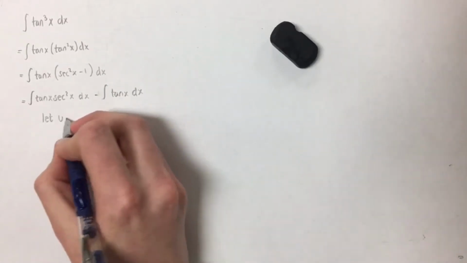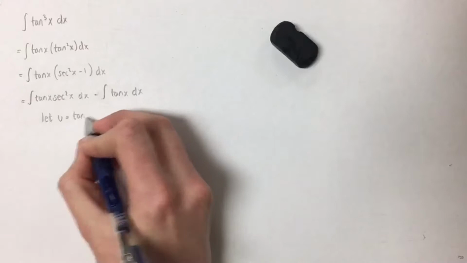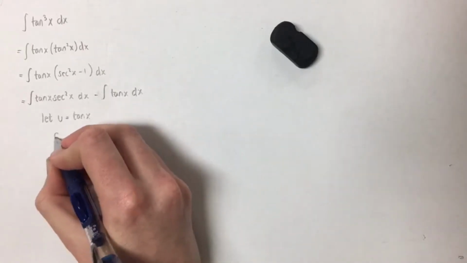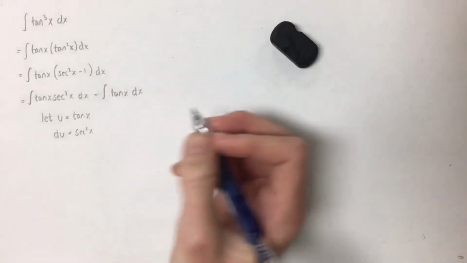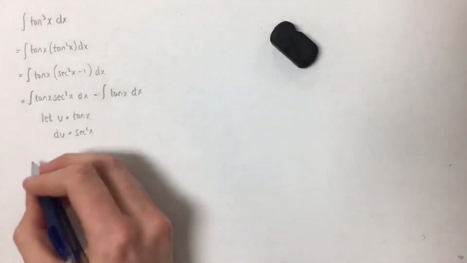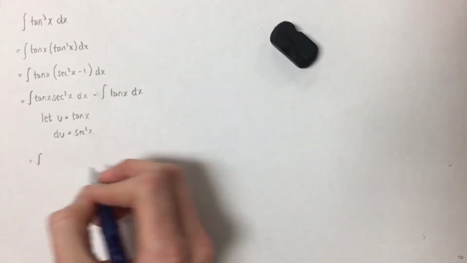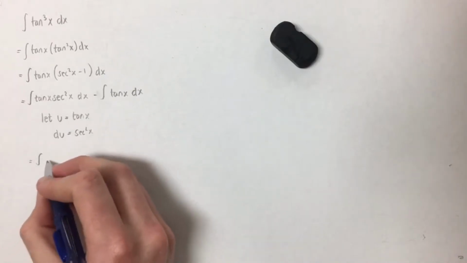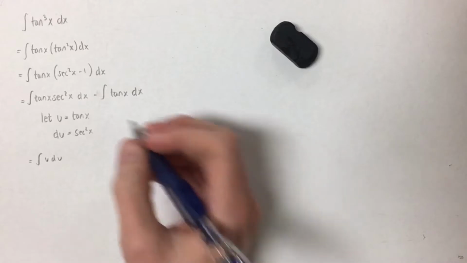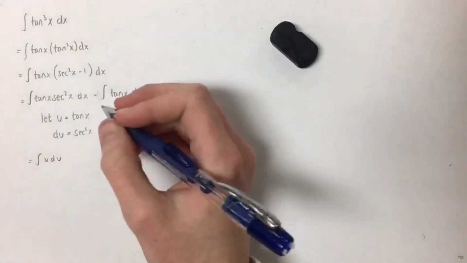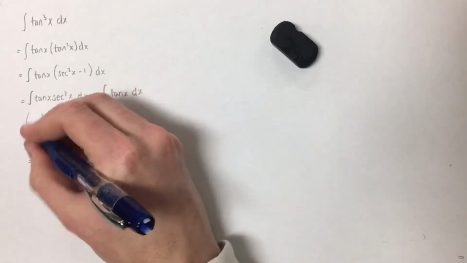So we're going to use a u substitution for this, letting u be tangent of x, so that du will be secant squared of x. And now we can rewrite this integral as u du, because our tangent x is u and our secant squared of x is du.